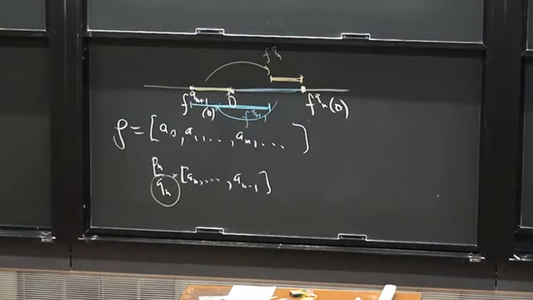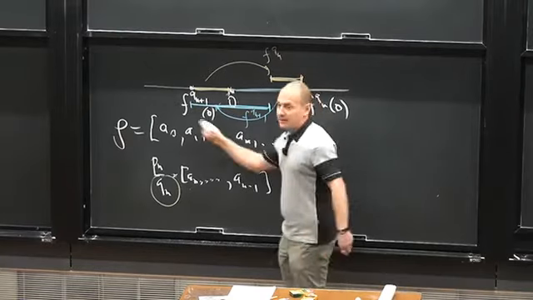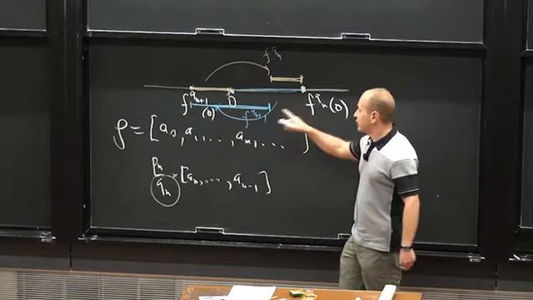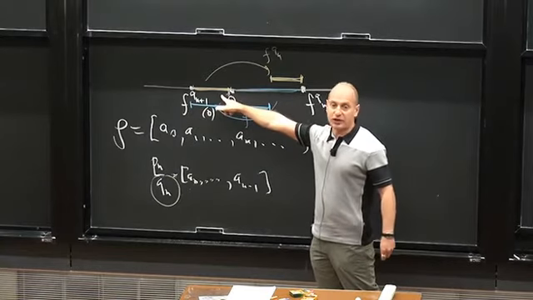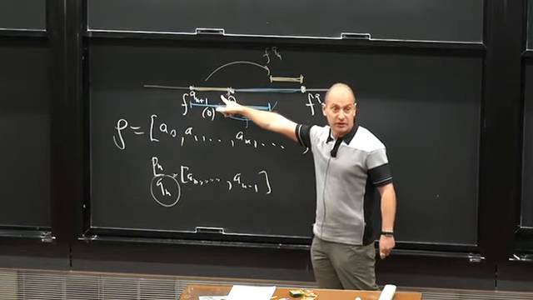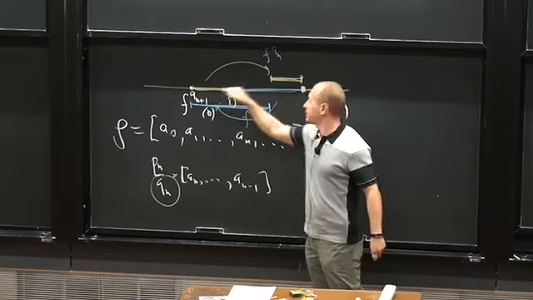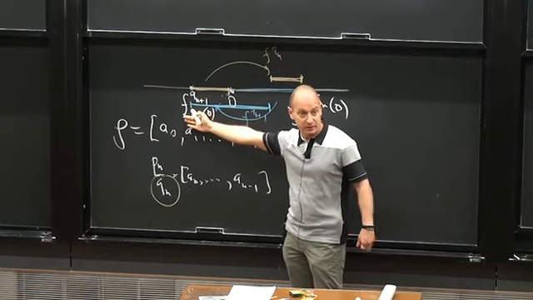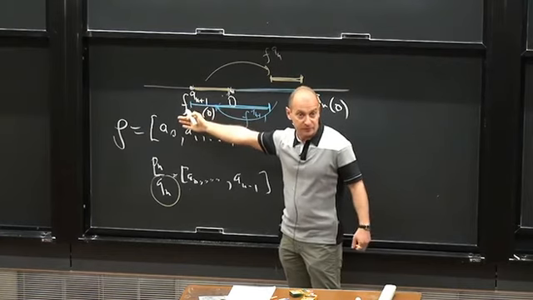You run into a bit of a problem here. It's easy to figure out how to get the circle out of this. You should use the orange map as a chart, as a local chart to identify points here with points here, and then this projects to a well-defined map, well-defined homeomorphism.